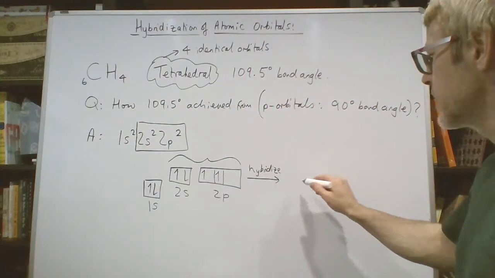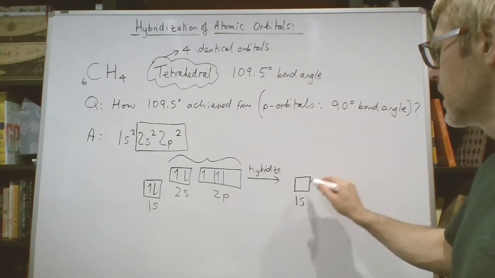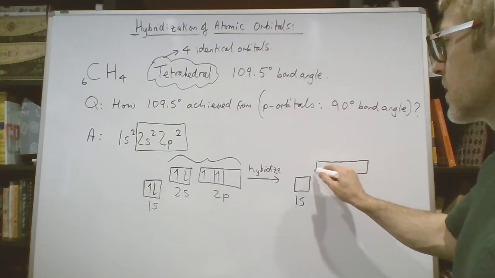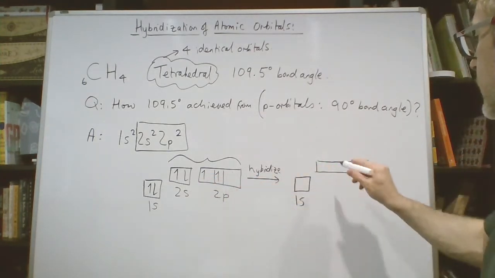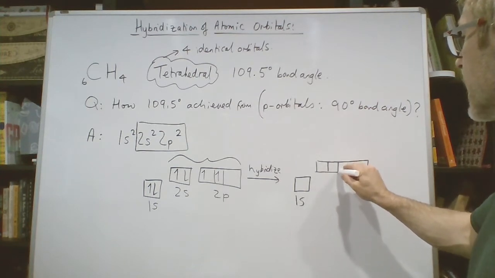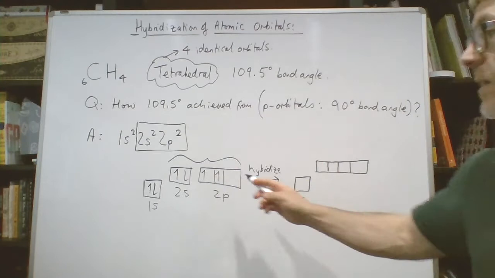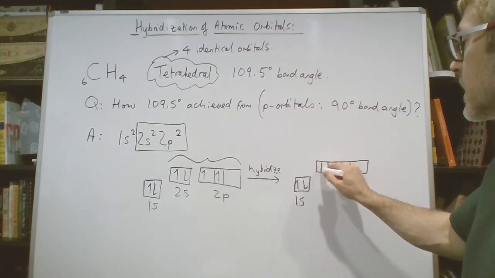So we're not going to do anything to the 1s, we can just rewrite that. But we're going to take the 2s and the 2p and combine them all together, so that now they're all the same, and we'll refill these 4 electrons back in using Hund's rule and Pauli exclusion.